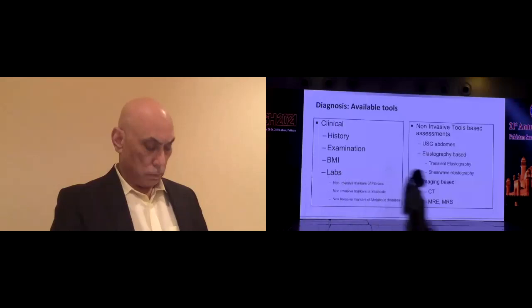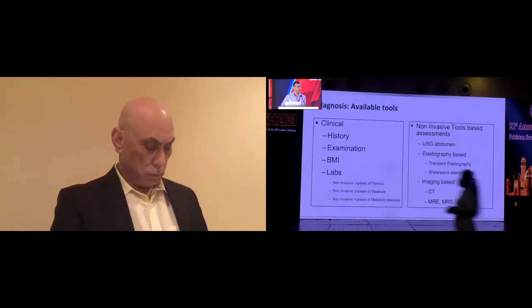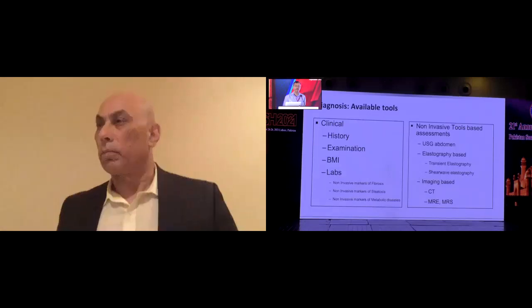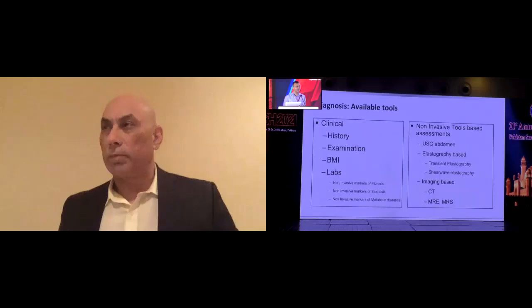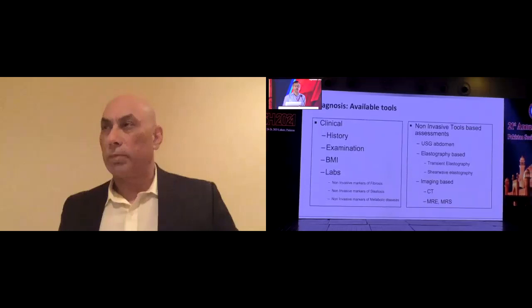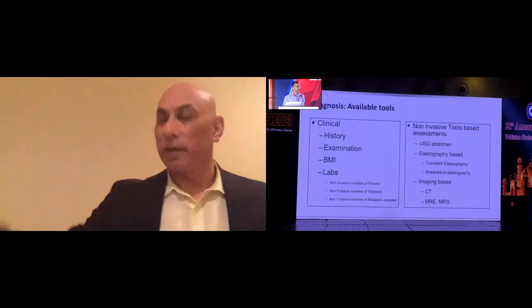What do we see in the history? What do we look for in the examination? What are the important things that we are checking in the BMI and labs? There are certain non-invasive markers of steatosis, and certain non-invasive markers of fibrosis, and then obviously NAFLD always comes in a package. You've heard from Shahid about insulin resistance and increased lipogenesis.